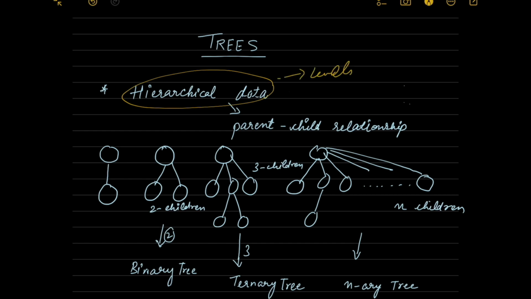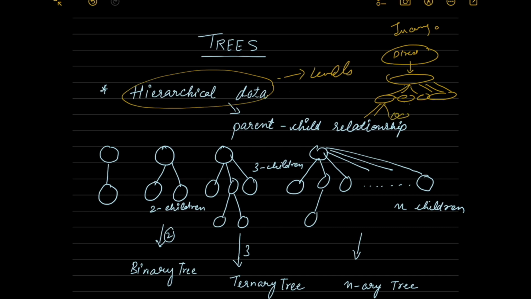For example, in any company, we have a director. Below that there might be a sub director or deputy director. Below that there might be multiple managers or senior managers, and under those senior managers there would be managers, multiple managers again, and below that there would be other employees or the individual contributors who are part of that organization.